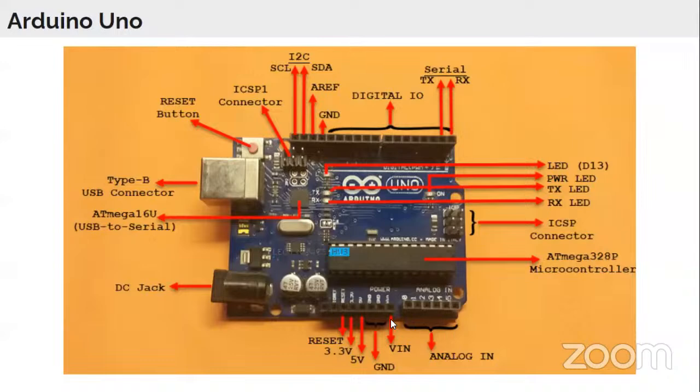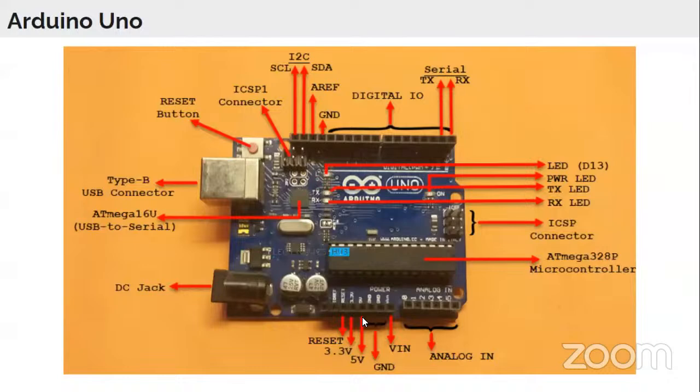Okay. Then, as you can see, there are different pins. There is the V in pin. Then there is a ground pin. The V in pin will give us the 5 volt output, and we can also power this board using the V input pin. Then there are two ground pins here.